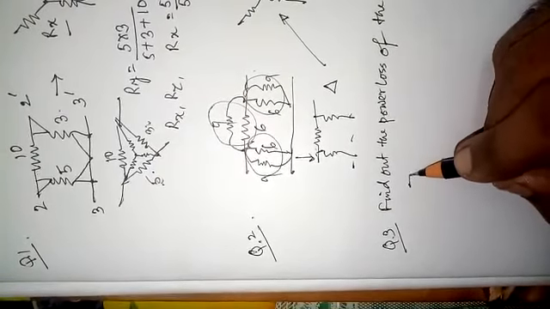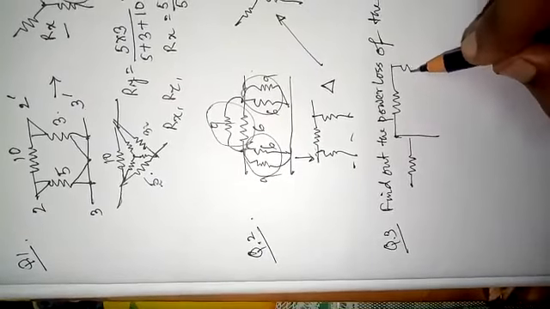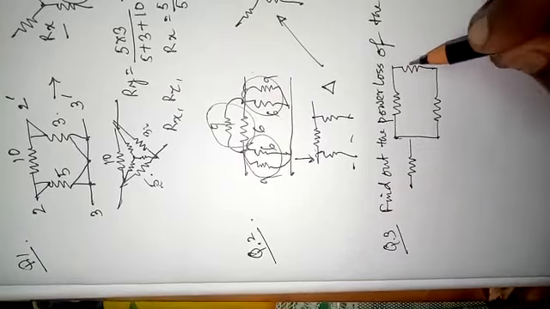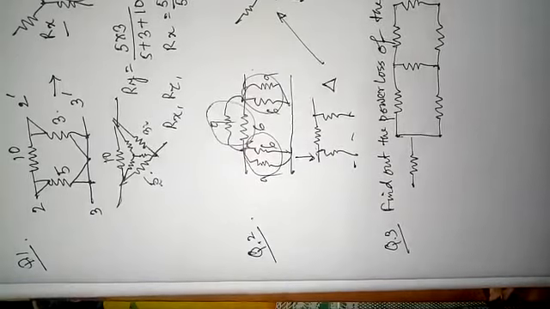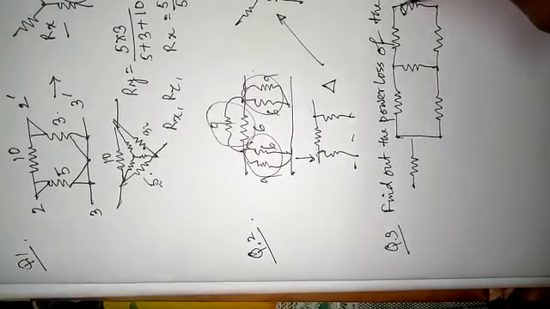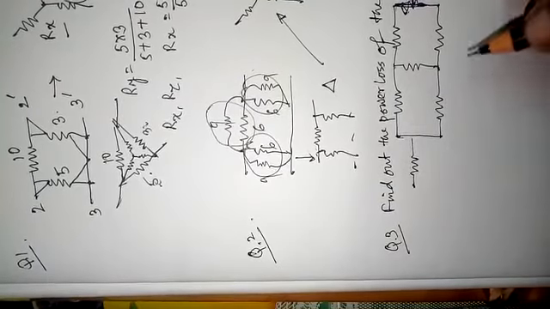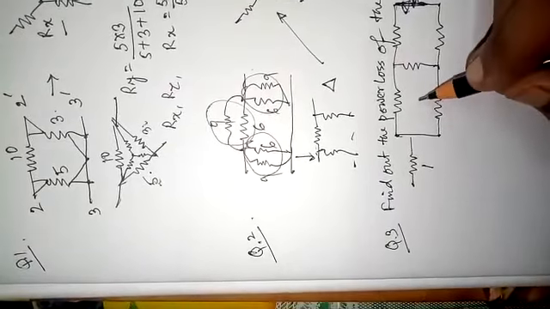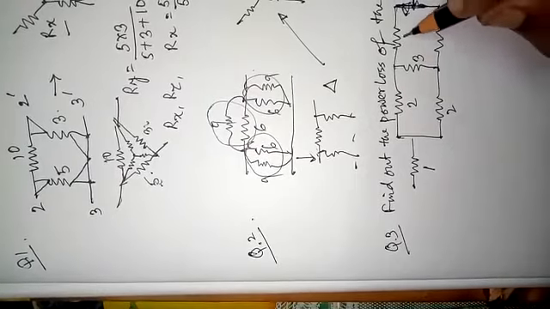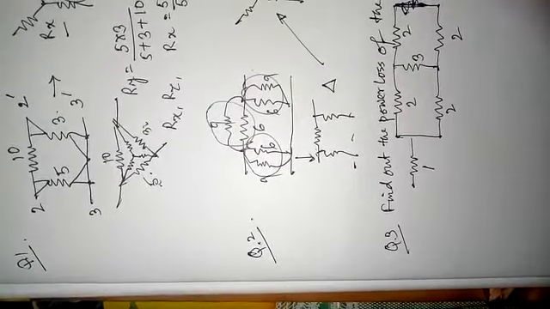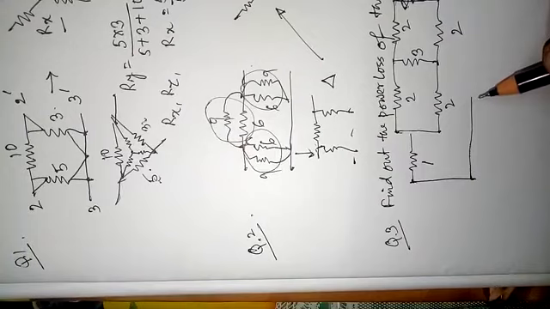The circuit looks like this. Okay, let's use a continuous line. So finally it's taken like this. Suppose this is 1 ohm, this is 2 ohm, this is 2 ohm, this is 3, this is again 2, this is again 2, and finally this is connected to a particular battery here.